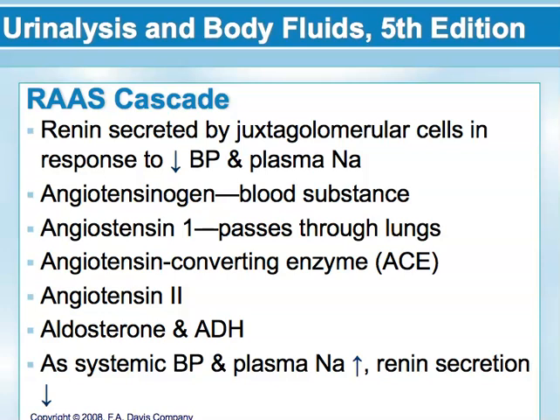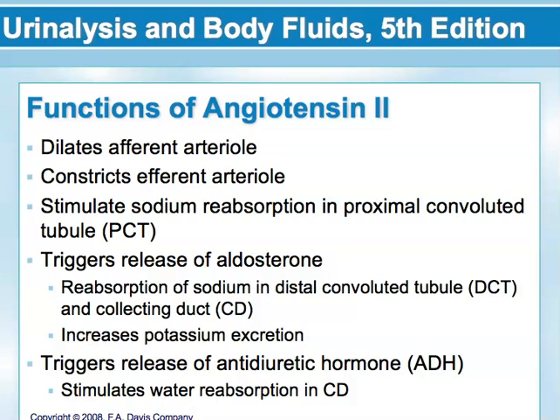So it causes vasodilation of the afferent arterioles and constriction of the efferent arterioles. This stimulates the reabsorption of sodium and water in the proximal convoluted tubules and triggers the release of the hormone aldosterone from the adrenal cortex and antidiuretic hormone, or ADH, in the hypothalamus.